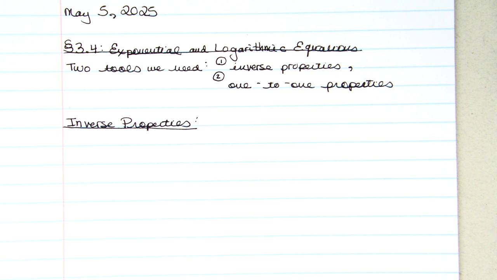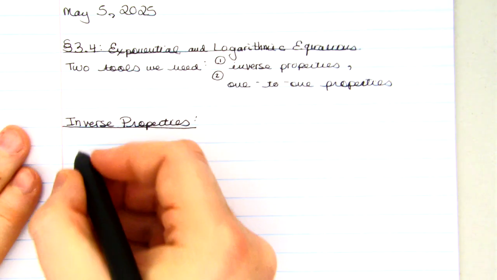So the first thing we have to deal with are these inverse properties. Our definition of two functions being inverses is, well, the informal definition is they undo each other like a square and a square root. But the formal definition is if you put one inside the other, they cancel each other out and just leave you with an x.